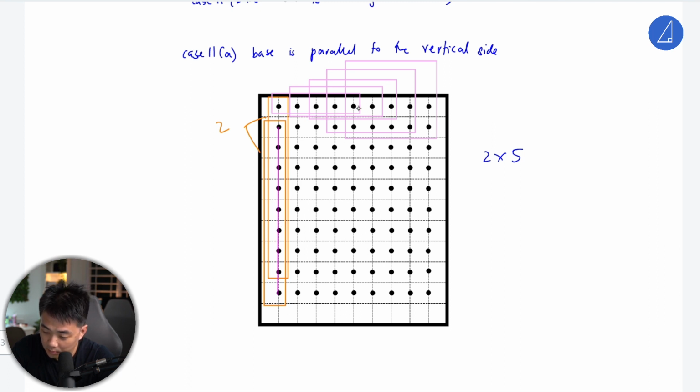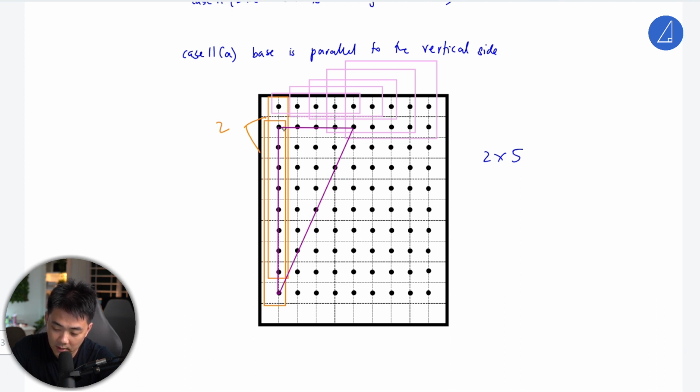So my vertex will be in this column here. I can choose this as my last vertex, not an issue. But the problem is you shouldn't choose this as a vertex, because this would render the horizontal.